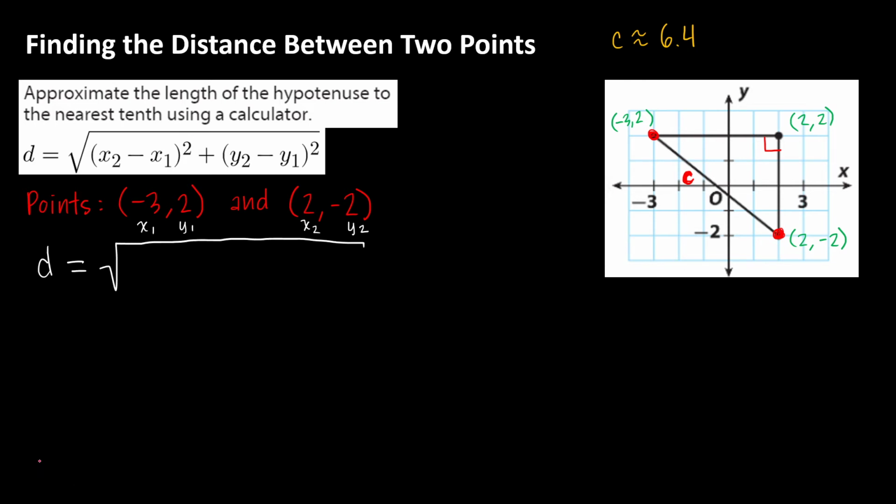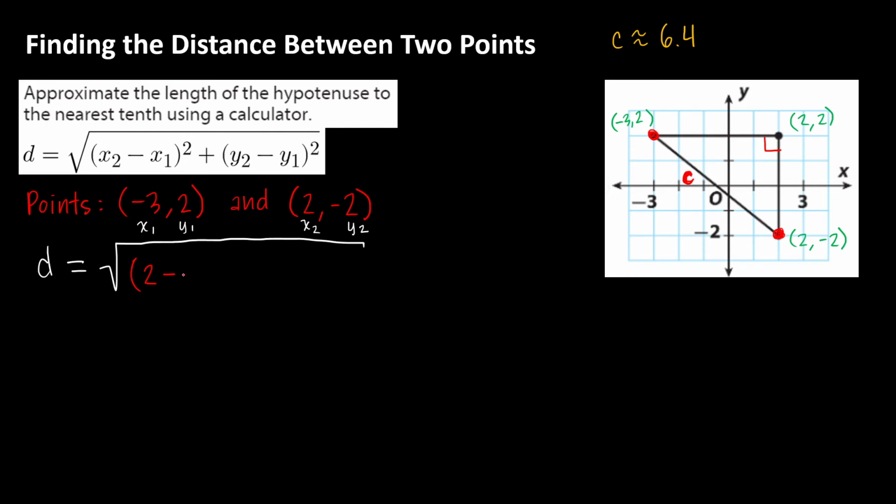Let me change my pen color here. The first part says x2 minus x1 squared. So x2 is 2 minus x1, x1 is -3.